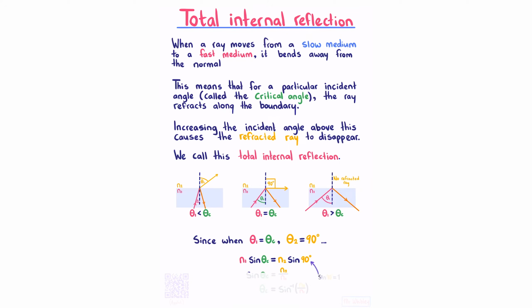Bearing in mind that sine of 90 degrees is equal to 1, this term effectively cancels out, leaving us to divide both sides by n1 to get sine θc equals n2 over n1, and then taking the inverse sine of both sides to get θc equals the inverse sine of n2 over n1. In the exam you will not be given this equation, you will instead be expected to derive it.